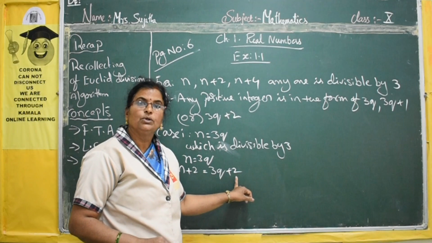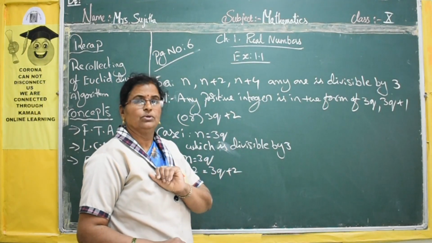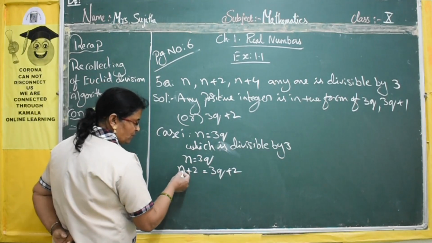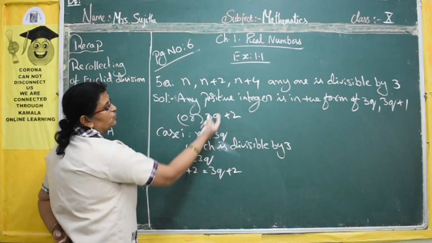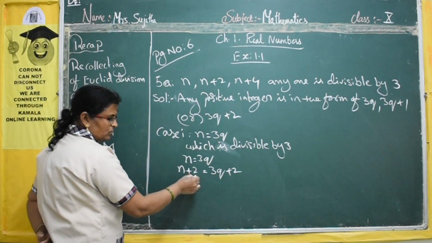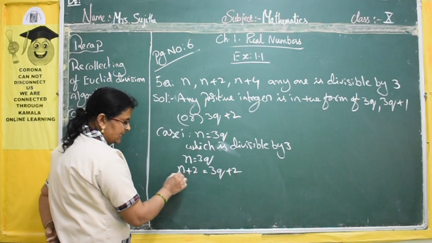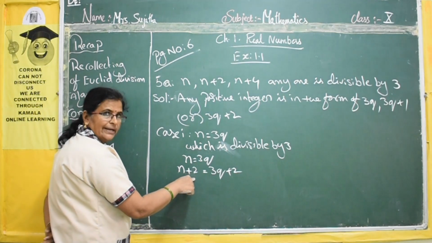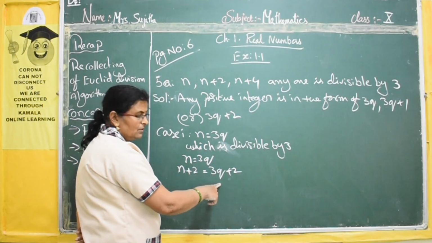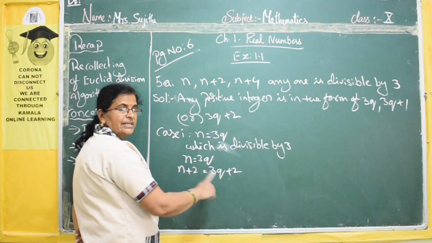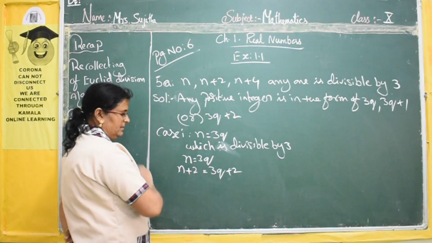How much remainder does it leave? 3 ones are 3, 5 minus 3 is 2, you will get the remainder 2. So if n is equal to 3q, then n plus 2 is 3q plus 2. For plus 2 you added, so here also plus 2 we are adding. If you take q equal to 1, what are you getting here? 5. Is 5 divisible by 3? No, it leaves 2 as the remainder.